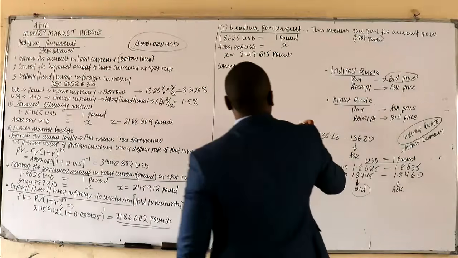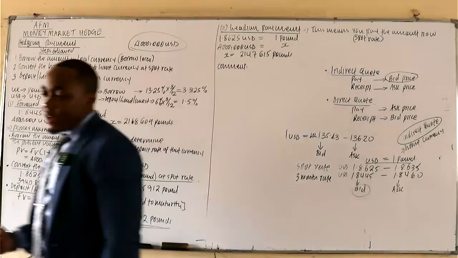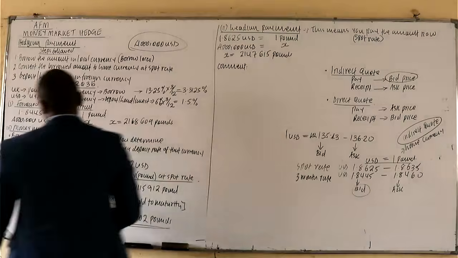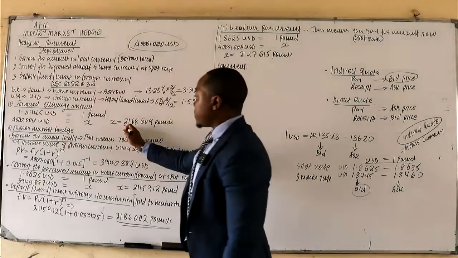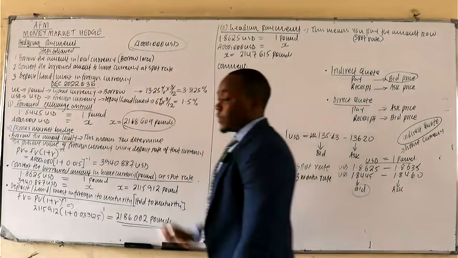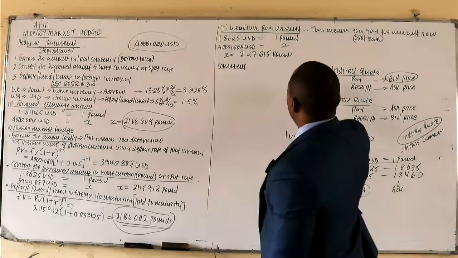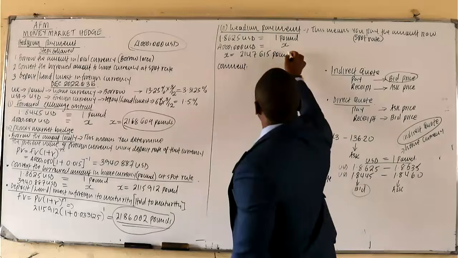Then you can comment. If you have to advise on a strategy, which strategy will you adopt? Now here you have 3 options: the forward exchange rate, the money market, and leading payment.